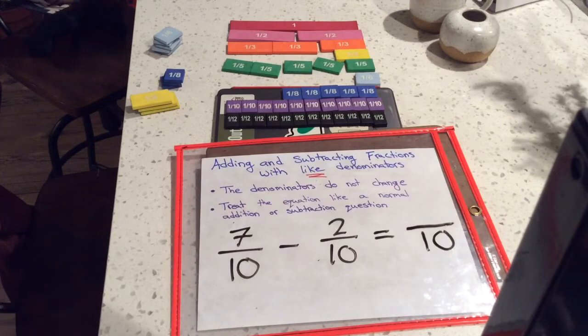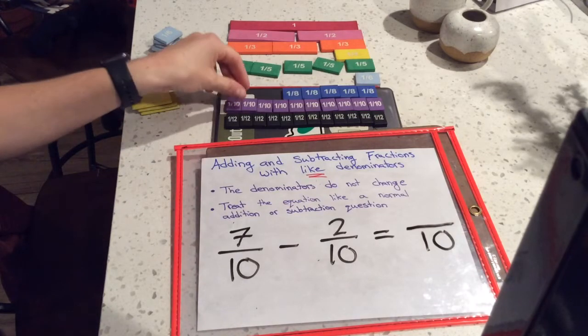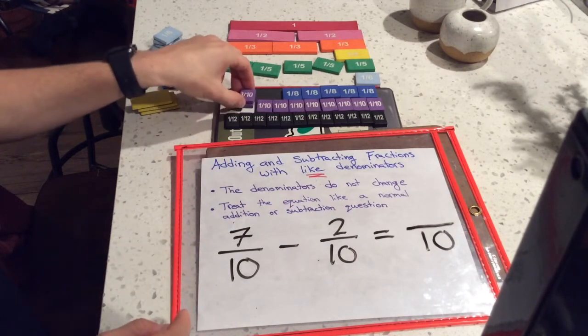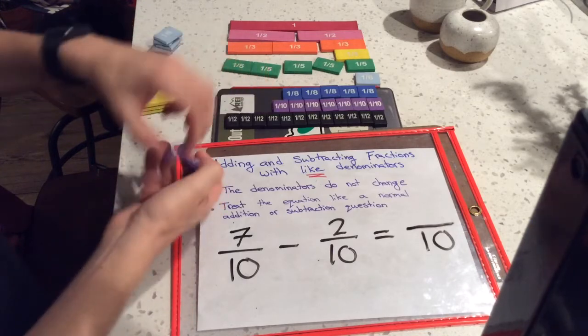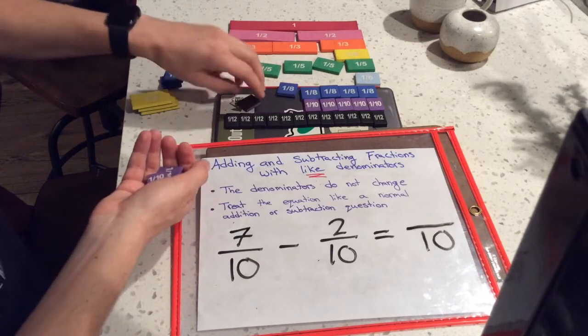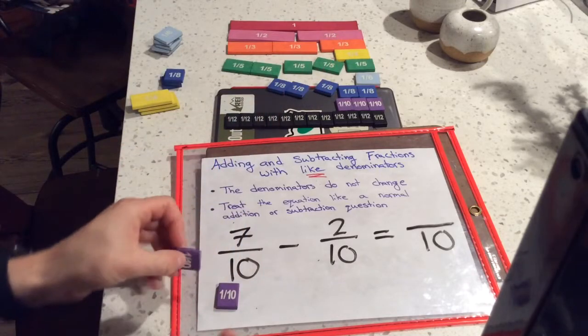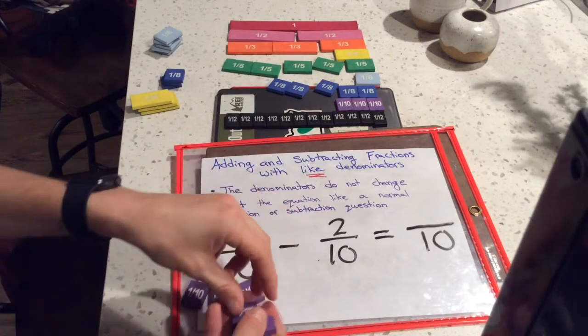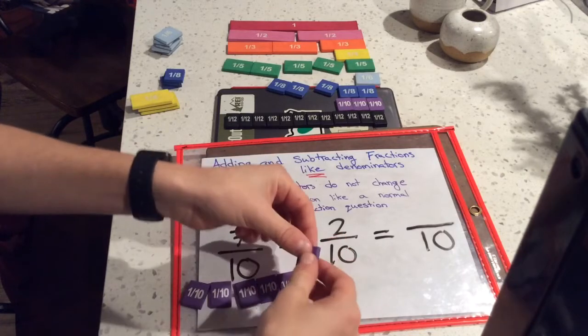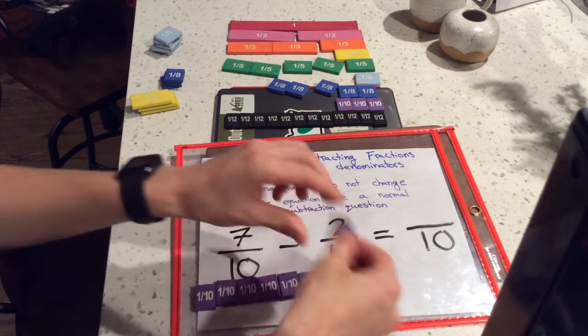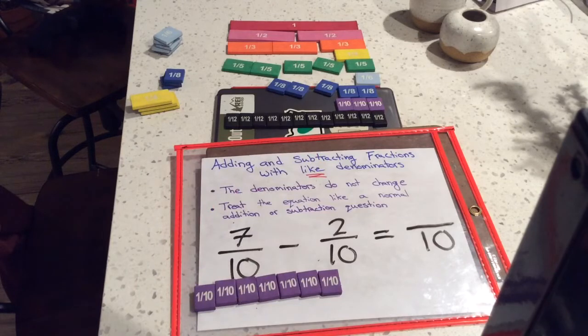And now I'm going to use my fraction strips to help build this. So I started with 7/10, so I'm going to grab 1, 2, 3, 4, 5, 6, 7. Okay. Do my best to put them in a row. Okay, there are my 7/10. And I'm taking away 2/10.